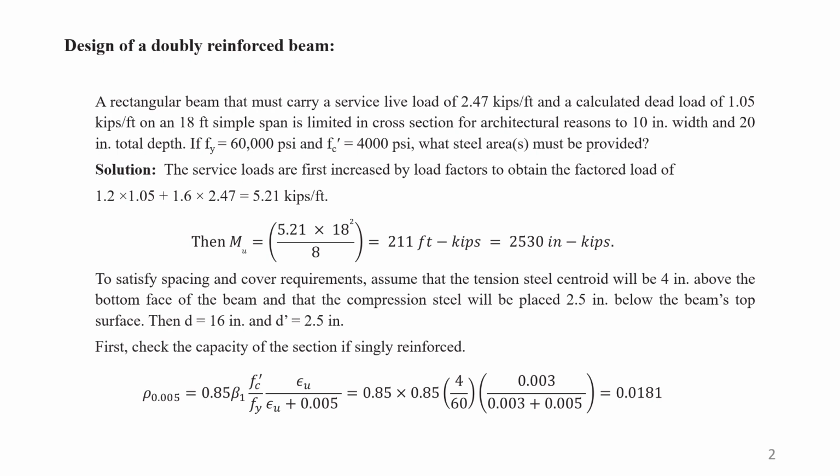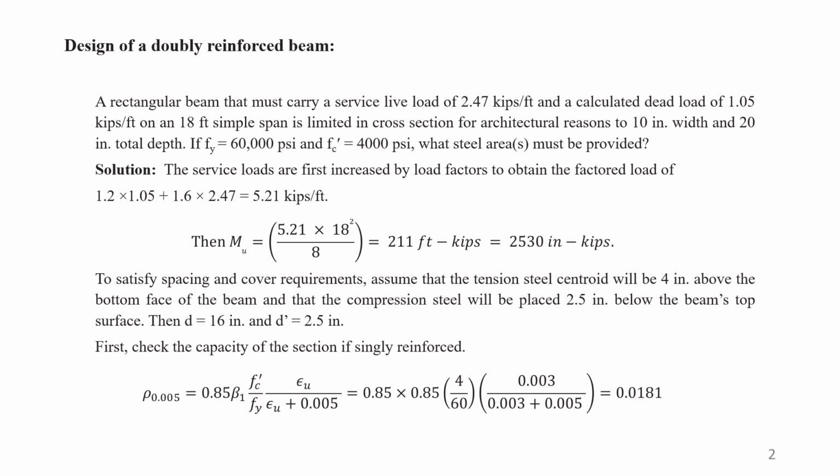The beam section is 10 by 20. Beam section width is 10 and total depth is 20 inch. And we will use Fy 60,000 psi and f prime c as 4,000 psi.